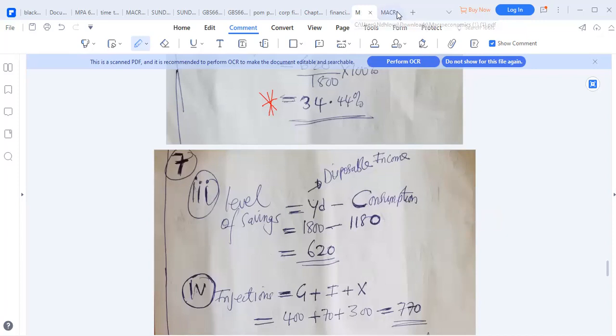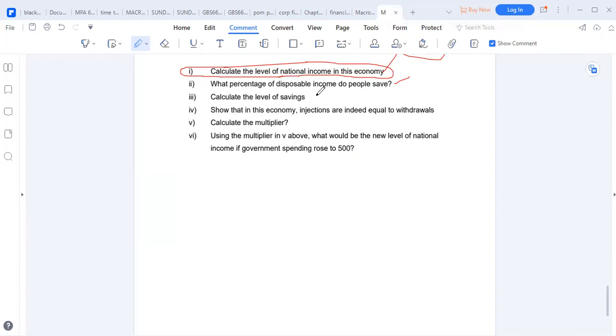And then the other question here is asking us to show that in this economy, injections are equal to withdrawals. First and foremost, we are supposed to understand what injections are.